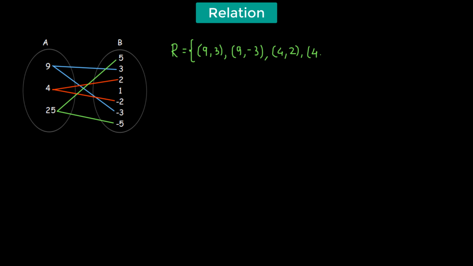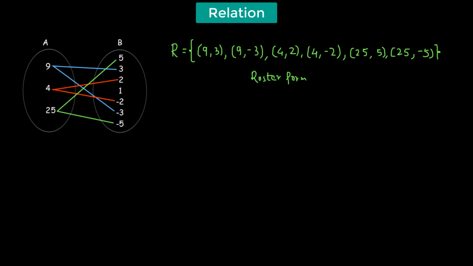And we can form another ordered pair with 4, which will be -2. That is the element picked up from set B. And for the third element in set A, we have the first ordered pair formed with 5, and another ordered pair formed with -5. So these are the ordered pairs.